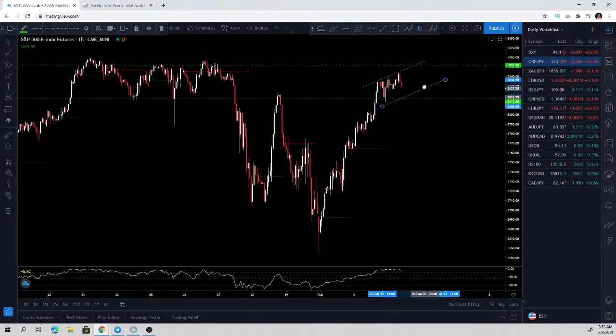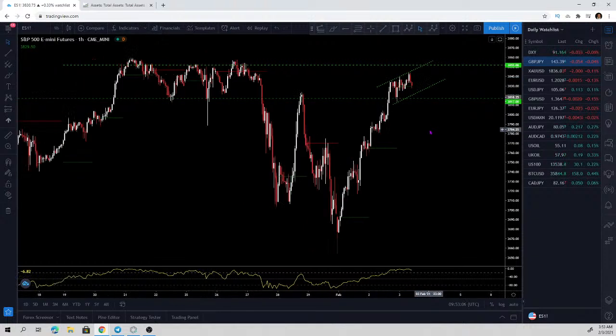The reason that we could look for shorts on the S&P 500 is because if price continues to trade inside of this channel, right, and rejects these highs, the break of the previous lows or the break of the 38.25, let's call it, would give us a reversal trade. But I'm not gonna take that because this market is super strong. I'm just looking for buys.